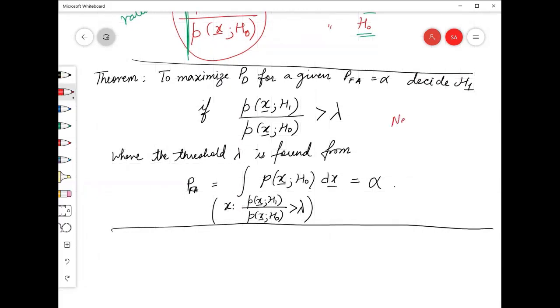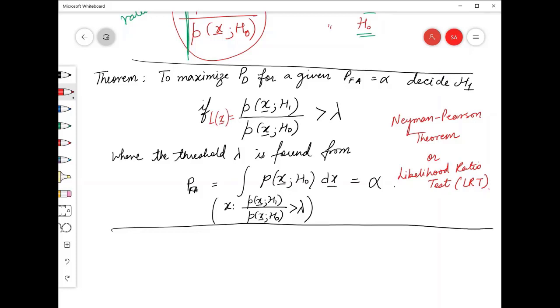This is the Neyman-Pearson theorem, also known as the likelihood ratio test, LRT. Why is it called the likelihood ratio test? Because this is the ratio of likelihoods. I can also write it as L of x, the likelihood ratio.